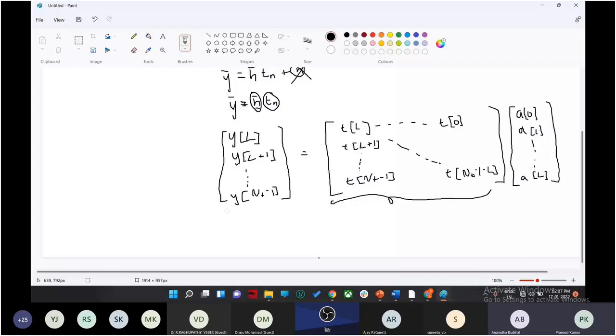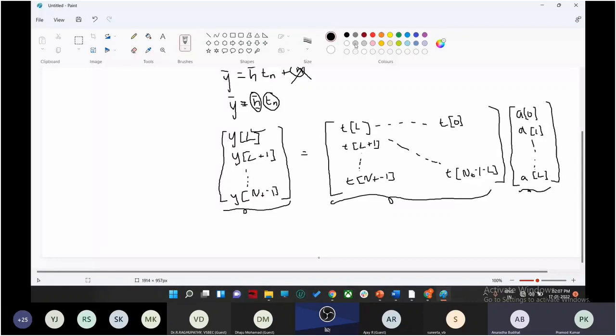These are the transmit bits which are known before, and the received signal which we receive from the USRP, and this is what we will be estimating. So usually this L, what we are seeing here, no.